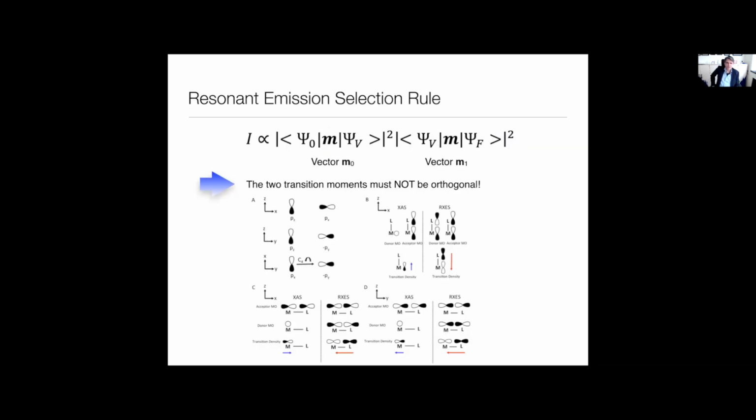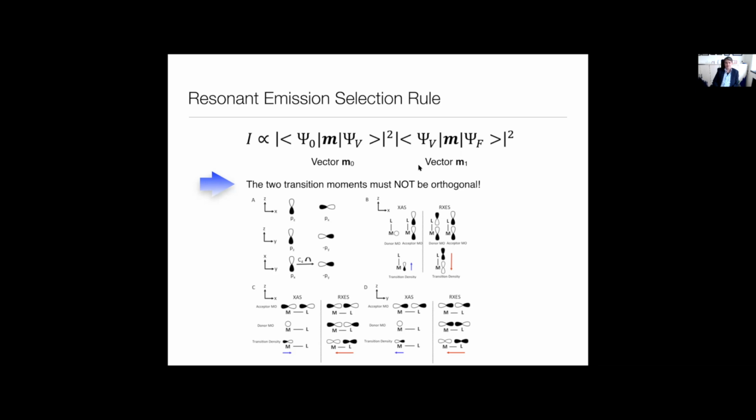Now, what we learned in that study in a nutshell is the following: in order to get resonance enhancement, you need transition moments that are not orthogonal. So that means that the transition from the ground state to the intermediate state must have a transition dipole moment vector that is not orthogonal to the transition dipole moment vector that you get from coupling the intermediate state with the final state.